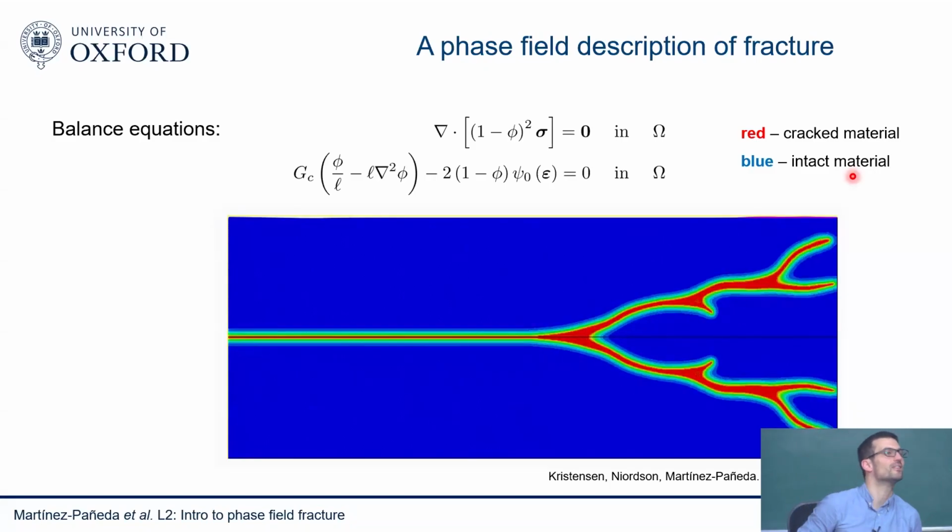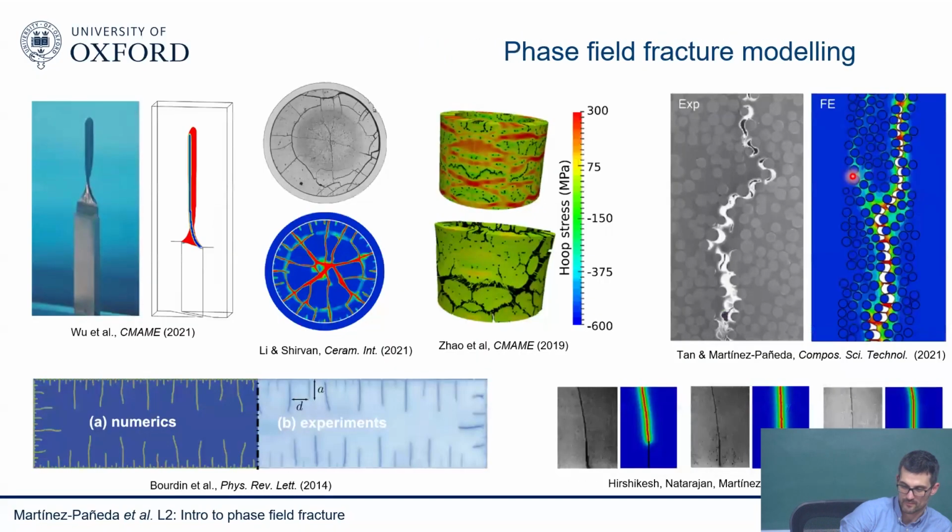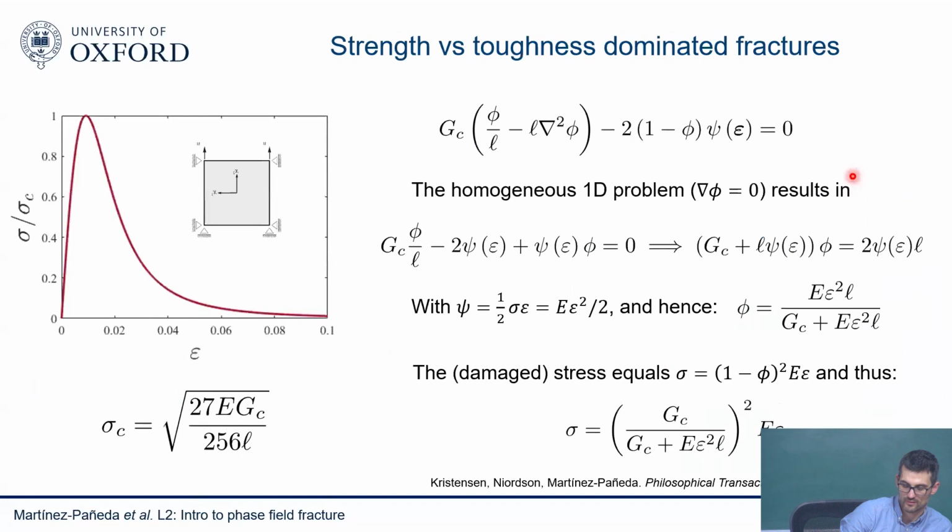Just a clarification about the single element simulation that you have shown. Can you talk about what was the initial phi value and how did you assign it? Because it wasn't clear. So this equation you can get analytically, as you see here. You can also get it with a 1D element. You put a square element, it could be 2D, but you make it 1D in the sense that you hold the displacement at the bottom and apply the displacement at the top.